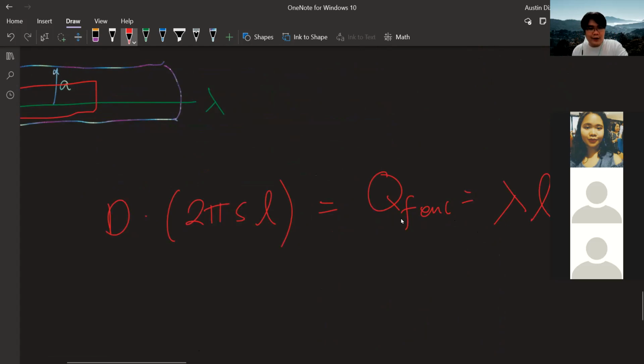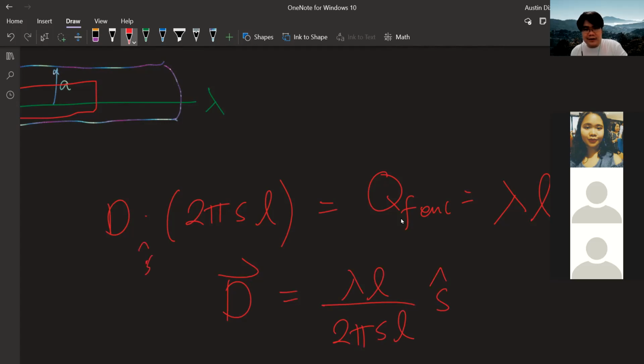Okay, so I now know my electric displacement, which is just lambda L over 2 pi S L S hat, kasi direction ng S ito. S hat ito.